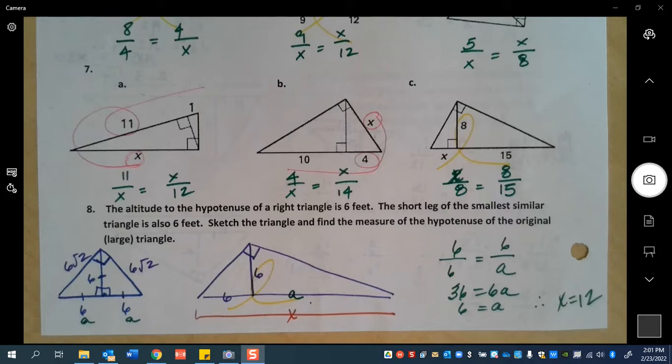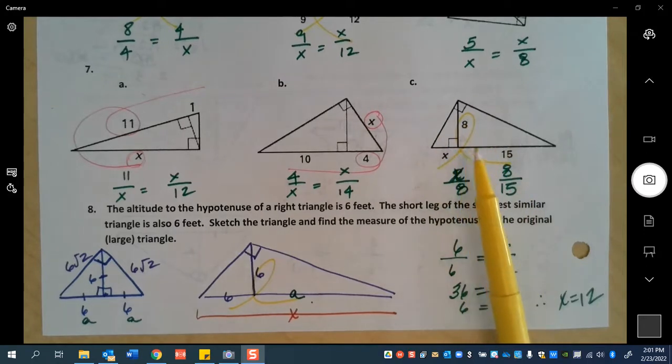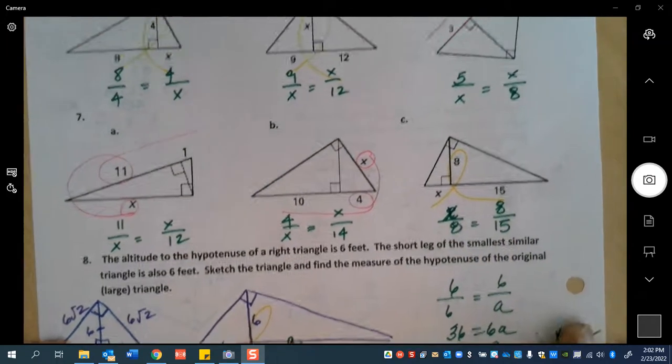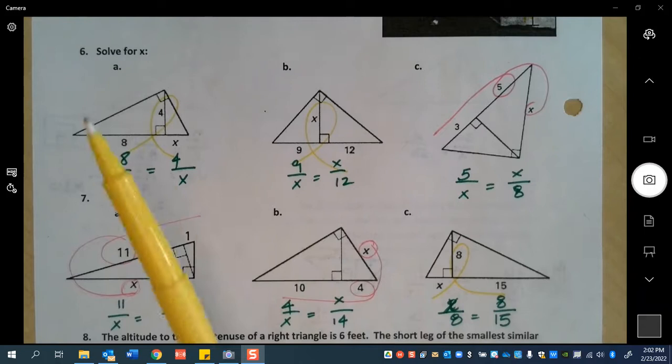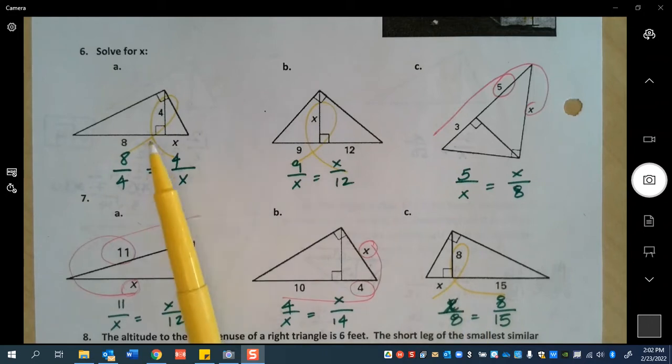I know you mentioned this, but can you please explain when you're allowed to do the loop trick? Both of them are loop tricks. This loop-the-loop is the altitude from the right angle to the hypotenuse. That's going to be the geometric mean between these two pieces. So that's what you see here in C and B and A. Anytime I'm talking about the altitude that goes to the hypotenuse, that segment that I drew is going to be the geometric mean between the two pieces of the hypotenuse.